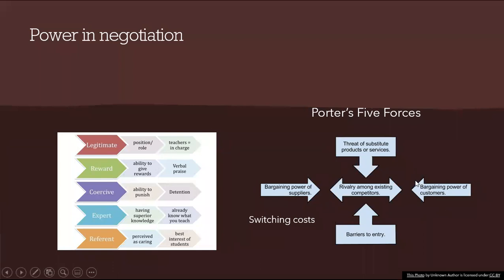There are some factors that may increase or decrease this balance of power. If the number of buyers is plenty and they are unconcentrated, then the supplier will have more power. Or if the seller is offering something very differentiated and they are a monopoly in that product, then the power of the supplier is very strong.